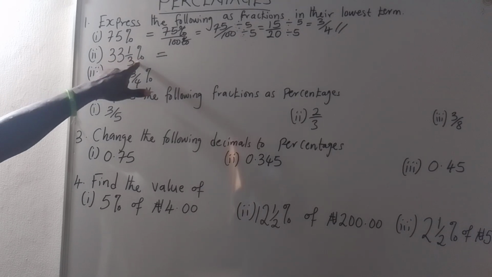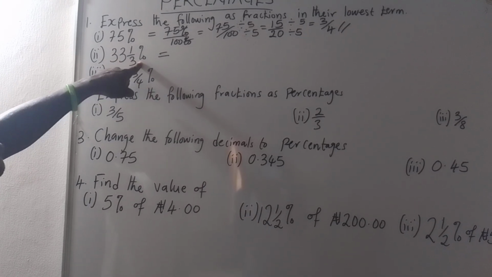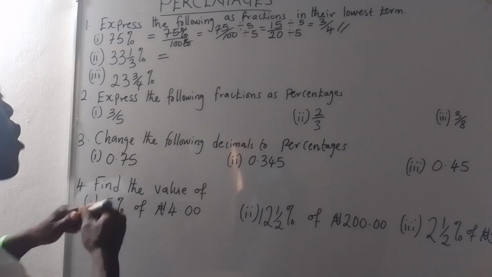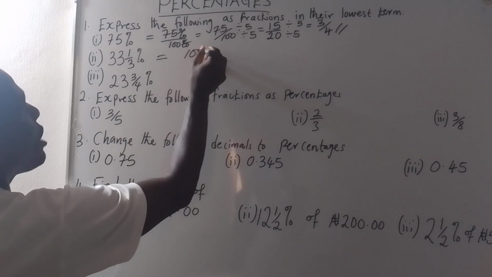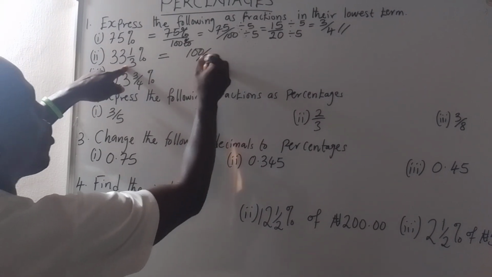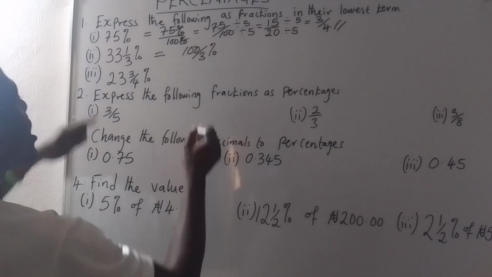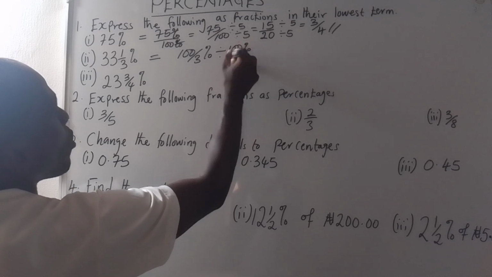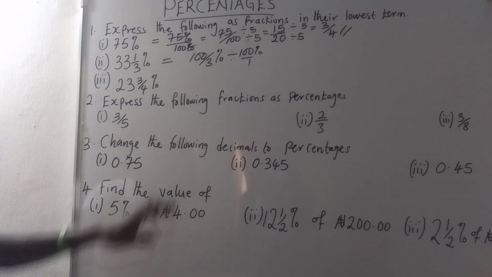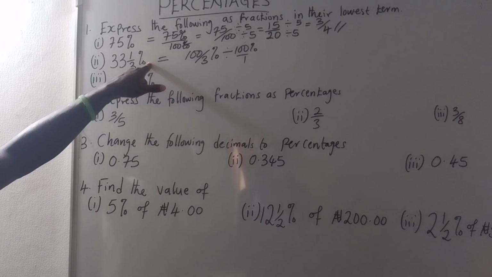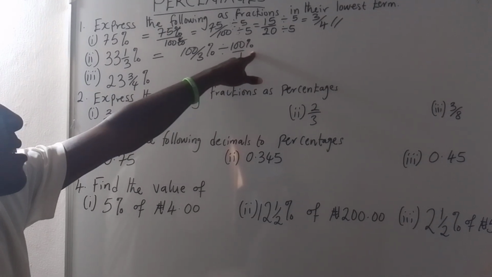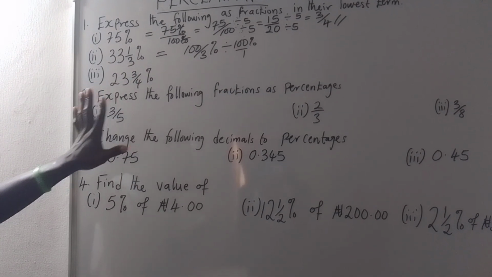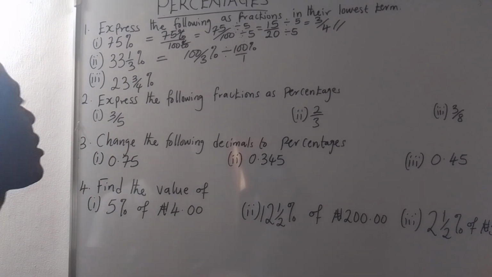So 33 times 3 will give us 99. 99 plus 1 will give us 100. We have 100 all over the denominator. This is percent. Divide by 100% all over 1. Because I told you, anytime you see percentage, you divide by 100. Anytime the number has no percentage, you multiply by 100.